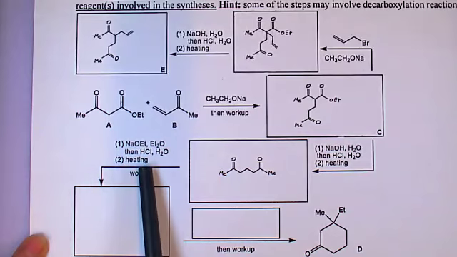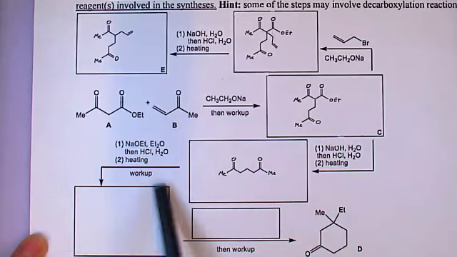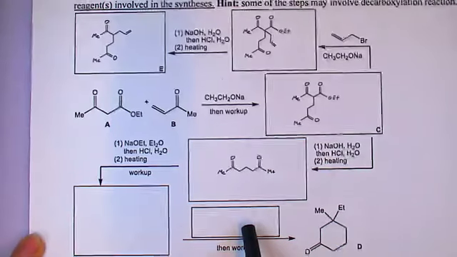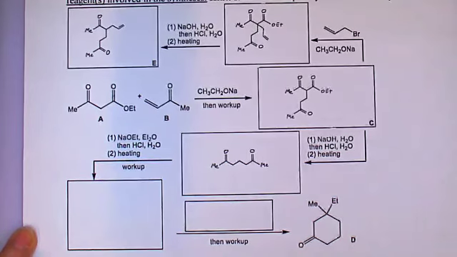And with heating, you're going to get the condensation product. So again, another alpha, beta unsaturated compound, which, treated with something that we're going to see in this video, is going to give you another Michael addition to get to the final product.